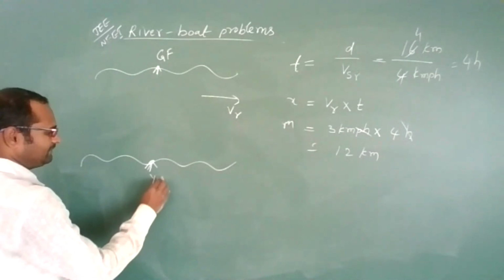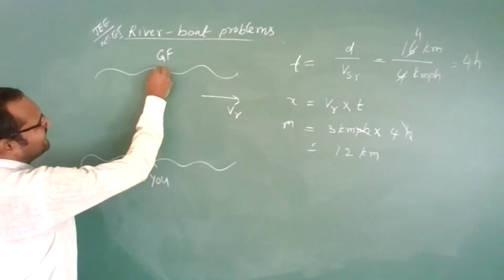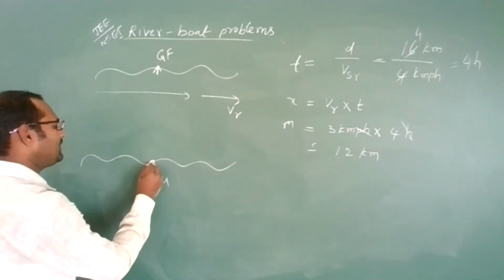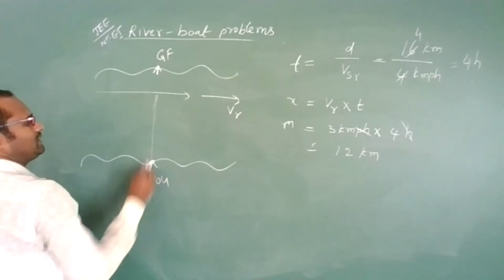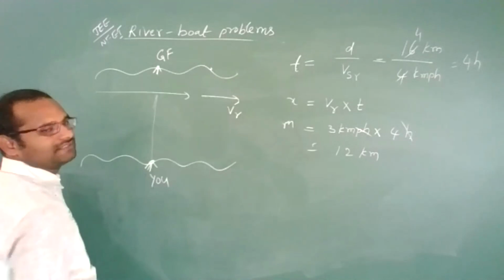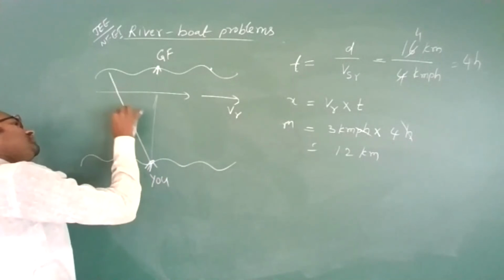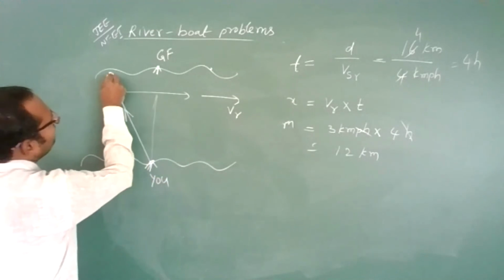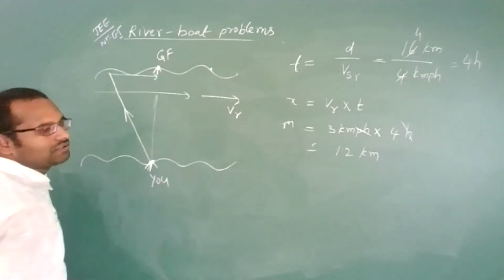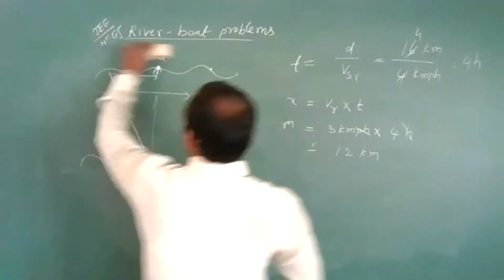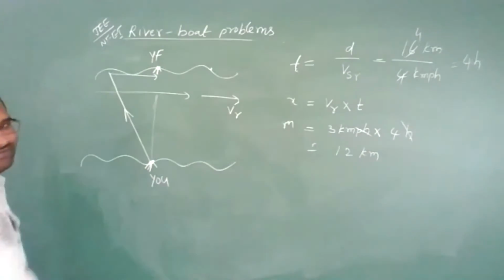You want to reach exactly this point, but the river flow is there like this. So due to that, you should not go like this. If you go like this, you will reach somewhere else. So you have to swim in this direction so that due to river flow you can reach this opposite point where your friend is.